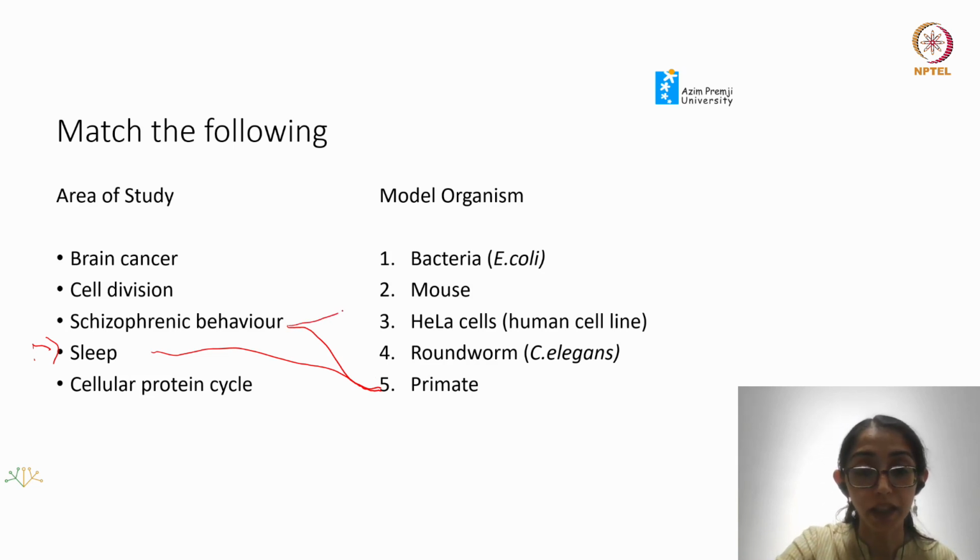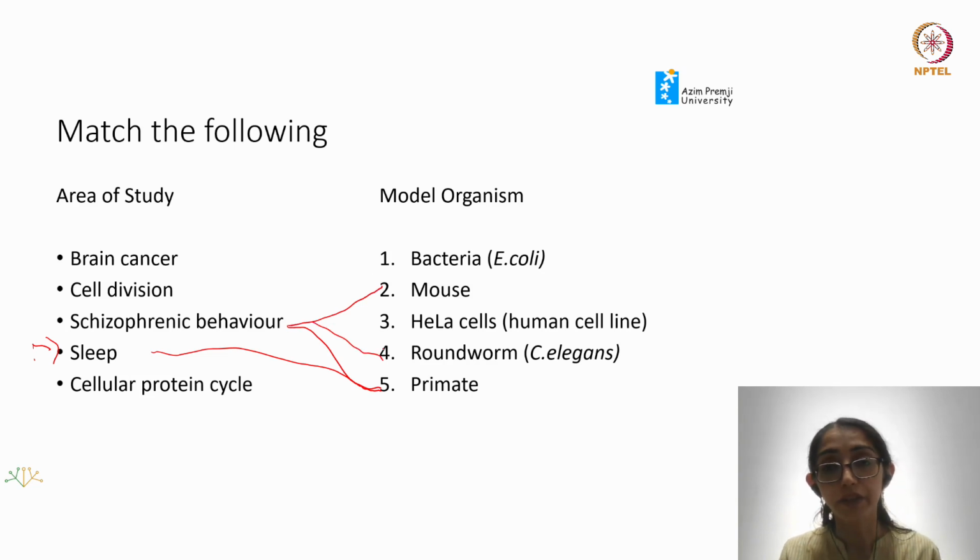You might also see it in C. elegans because C. elegans also have a very, very well characterized neural network. And because it has such a well-characterized neural network, it also allows us to manipulate it easily to see what the effects are on, say, the biology of schizophrenia or schizophrenic behavior, right?